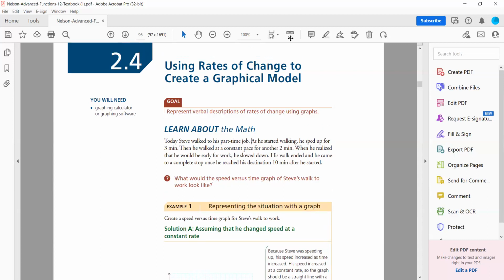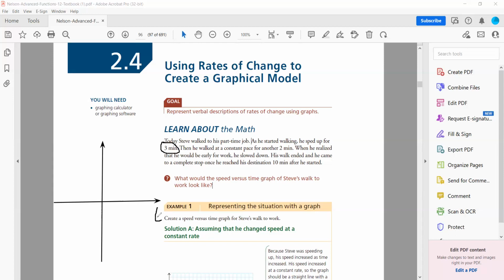So, Yasser, first things first, in order to create a graph, what do we have to do? We have to plot the coordinate axes. Simple as that. Without coordinate axes, we cannot make any graph. X, Y, or in this case, as Steve is walking to his part-time job, one of the variables should be his speed, and the other variable is the time that he spent.